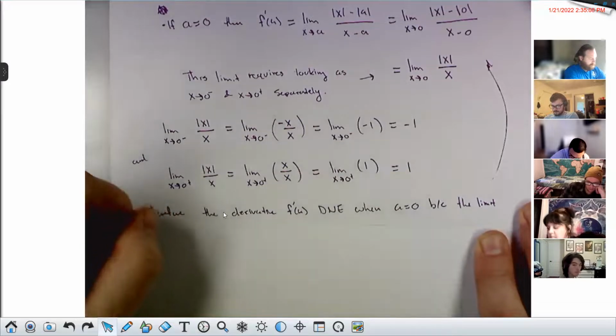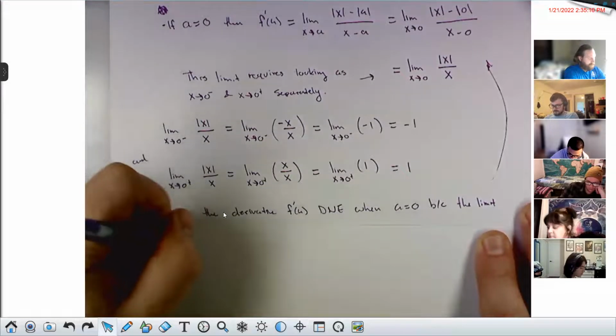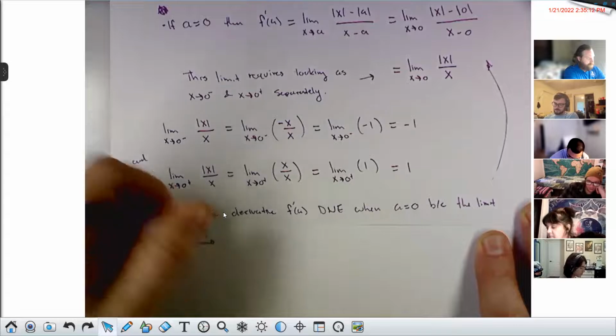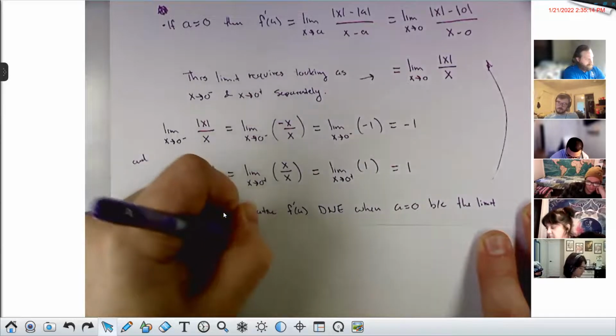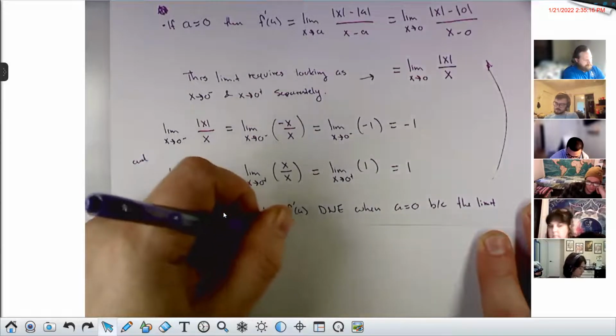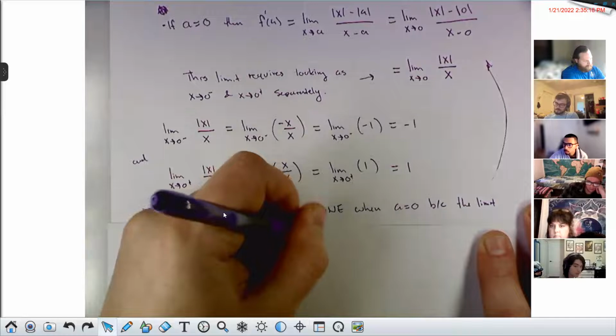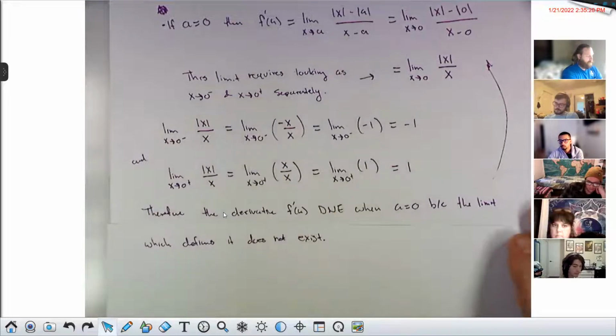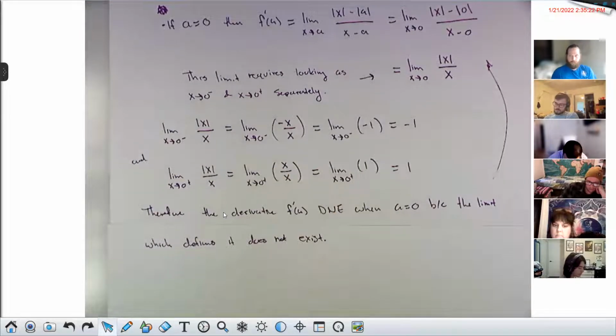The limit which defines it does not exist. In other words, this function is not differentiable at 0.